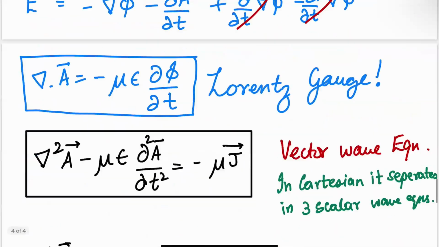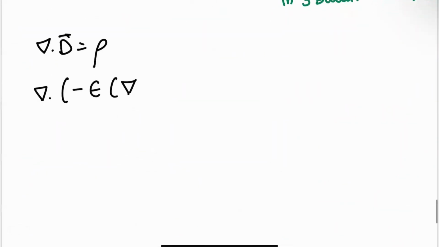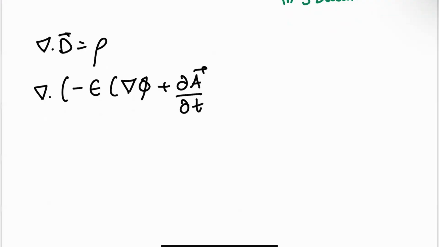But it doesn't affect anything else. All right, so minus epsilon of the gradient of phi plus dA over dt equal to rho v, or rho, let's just say rho.